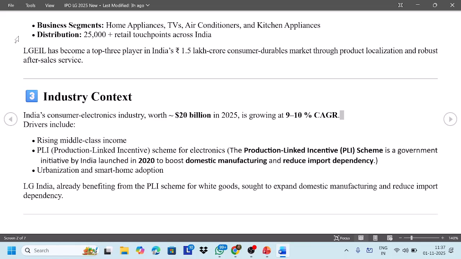And the current price is 1,664. If you look at what was the price they have mentioned, the price band was 720 to 780. So today, within a matter of a few days, the price has doubled. And if you look at the chart also, then I think we will be able to have a clear picture.